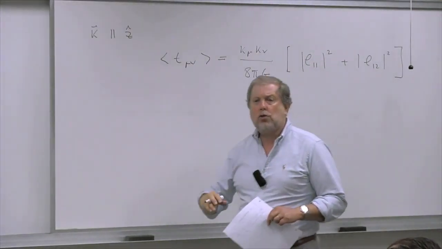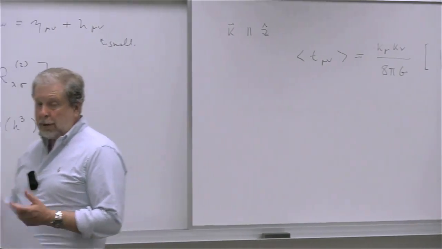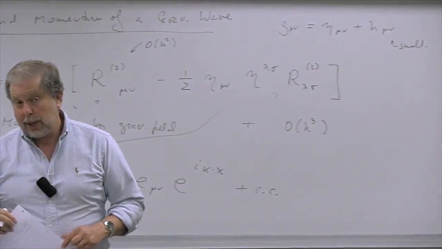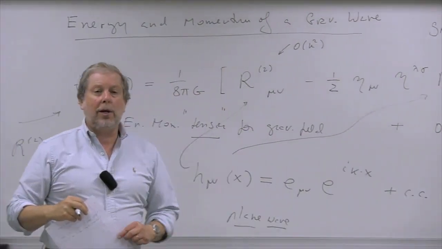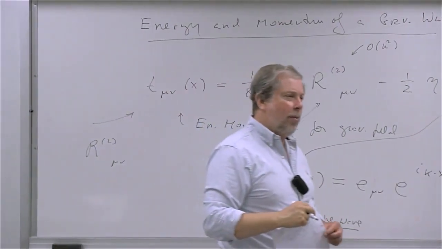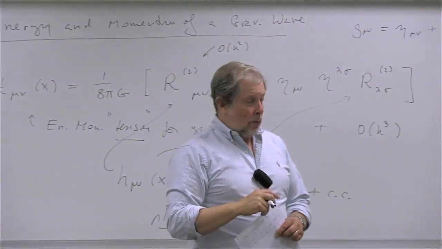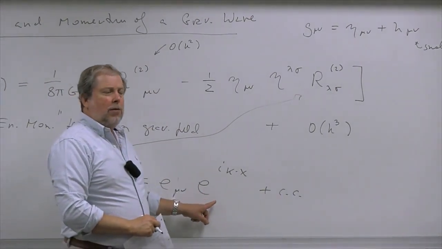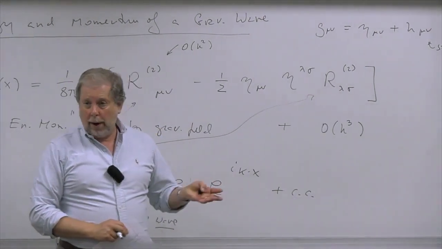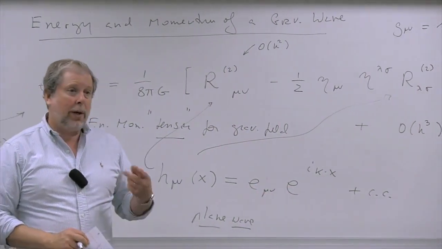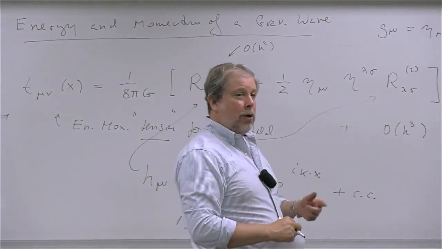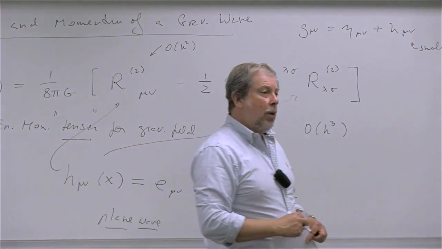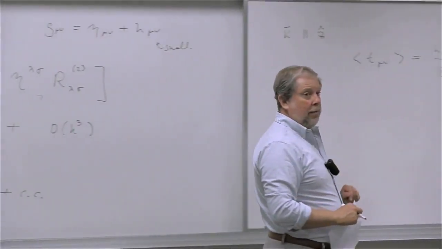Why didn't he just write t mu nu? Well, the reason is the same reason that we do it in electromagnetism and in quantum mechanics: we have a plane wave, and normally we would have phases that survive, but we average over one cycle. We average over one wavelength, and when we do that, we just get this simple expression.